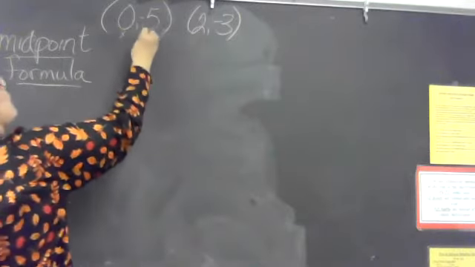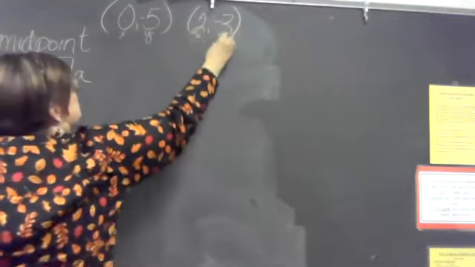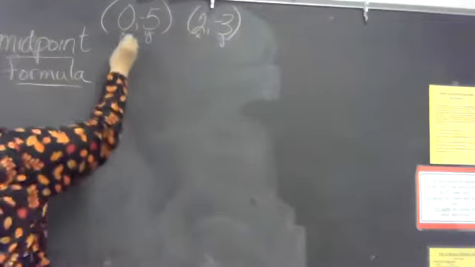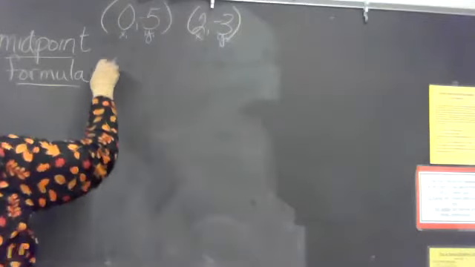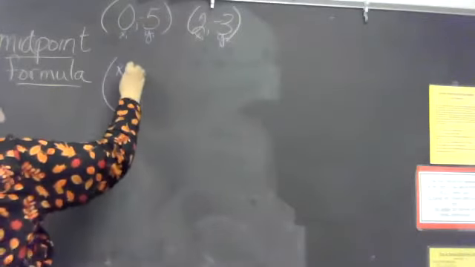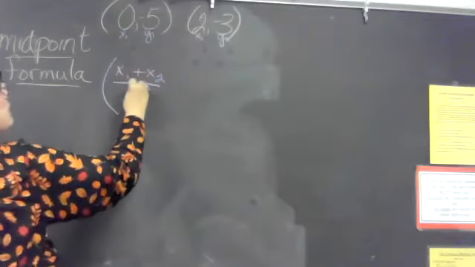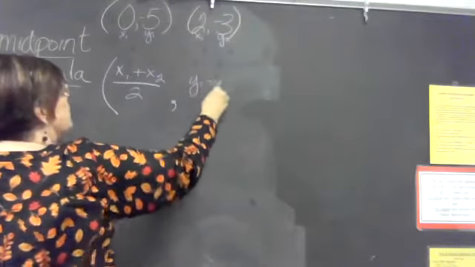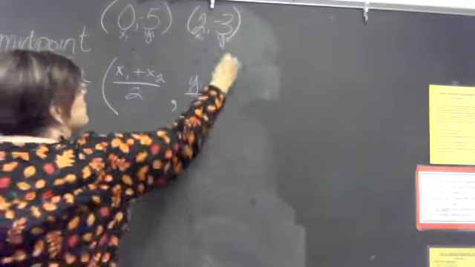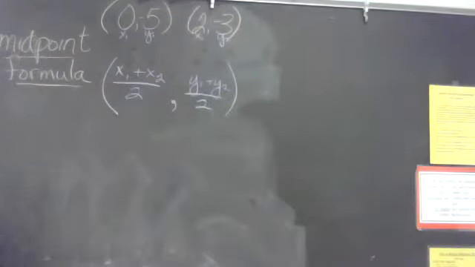We're using the same segment, but this time we're going to try to find the midpoint. So this is our X, and this is our Y, and this is our X, and this is our Y. Always X, Y, X, Y. So we're going to number these the 1s and these the 2s just to keep them separate. And your formula to find the midpoint is X1 plus X2 divided by 2, comma, Y1 plus Y2 divided by 2. That's the whole formula.